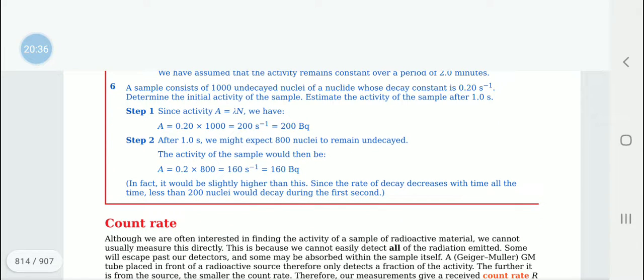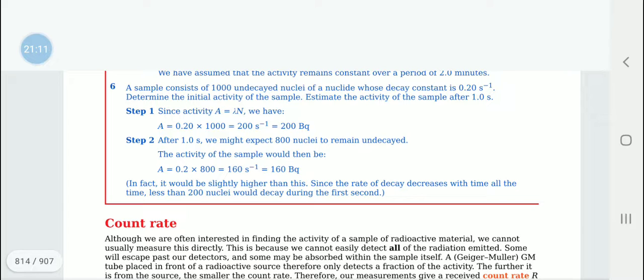Then let's look at question number 6. A sample consists of 1000 undecayed nuclei of a nuclide whose decay constant is 0.20 per second. Determine the initial activity of the sample, and estimate the activity of the sample after 1 second. We know the equation A = λN. We have to find A because they are asking for the activity.